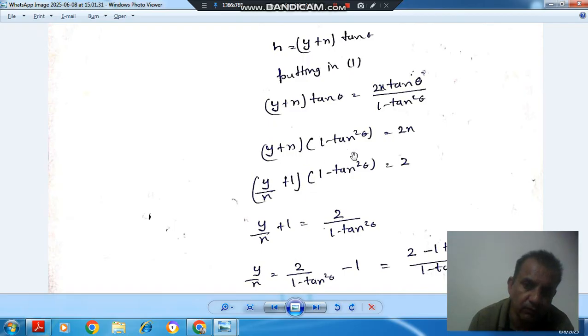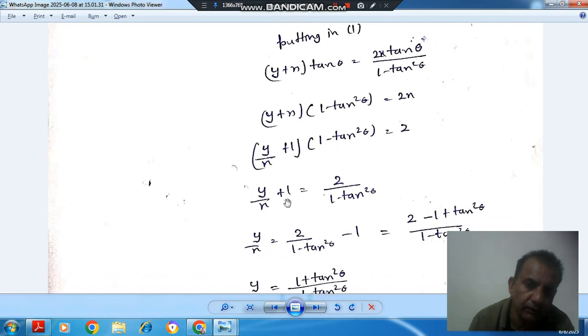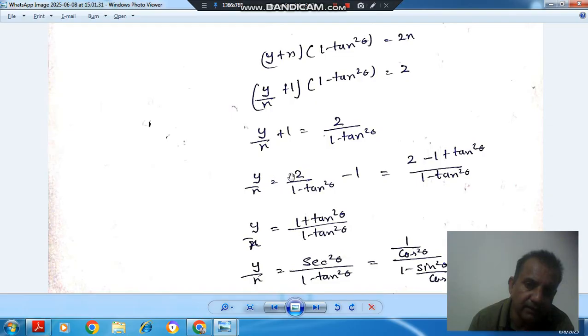So if we divide the whole equation by x, then y by x plus 1 within bracket, and this is 1 minus tan square θ, is equal to 2. Or we can say y by x plus 1 is equal to 2 by 1 minus tan square θ, and y by x is equal to 2 by 1 minus tan square θ, and this is minus 1.